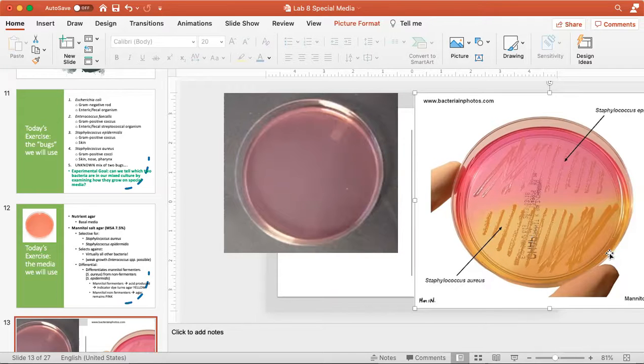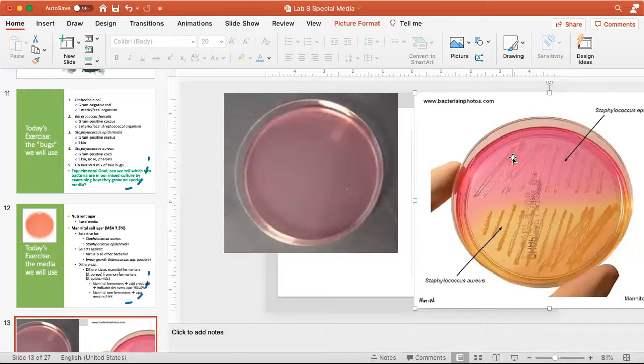I just wanted to grow cells, period. Same thing up here. I can see growth on these darker pink lines. So both of these organisms grew, but only one of them fermented the mannitol, the Staph aureus. I know because it turned yellow.